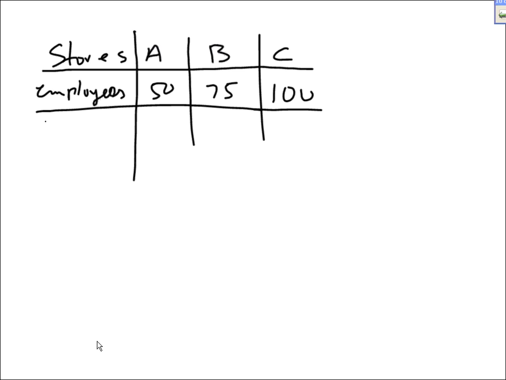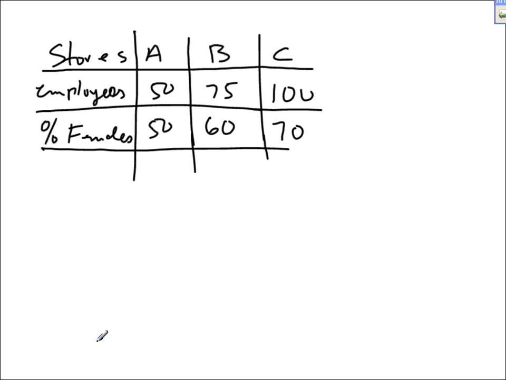And some of these employees are females. I'm going to tell you the percentage. 50% of the workers in Store A are females. 60% in Store B are females. And 70% in Store C are females. There are 225 employees. I just added 50, 75, and 100.